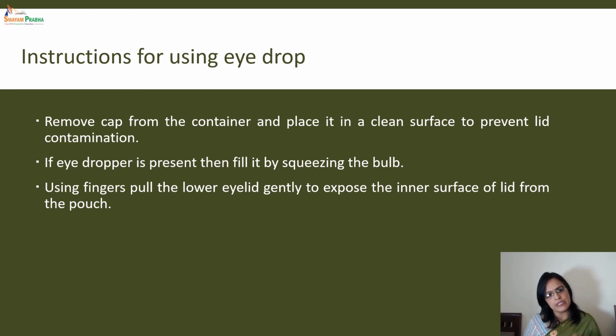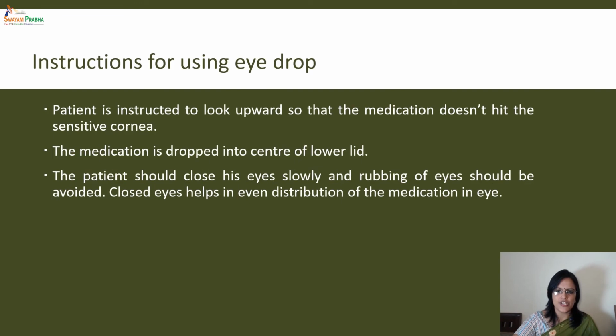Then fill the dropper by squeezing the bulb; the dropper should not be turned upside down, to prevent backflow of medicine to the bulb end. Using fingers, pull the lower eyelid gently and expose the inner surface of the lid from the pouch. Then the patient is instructed to look upward, and the drop is dropped into the center of the lower lid.